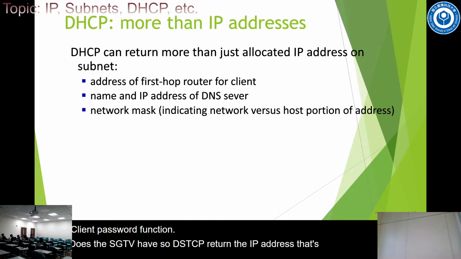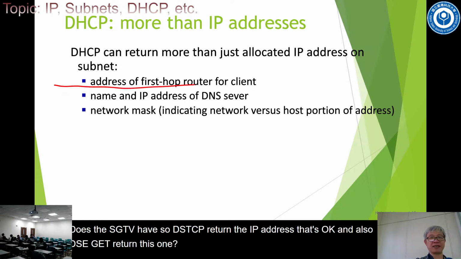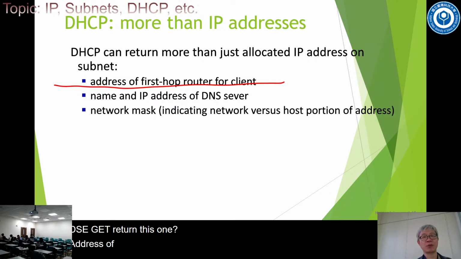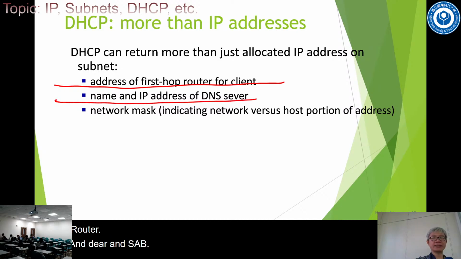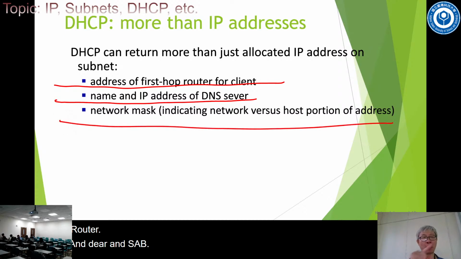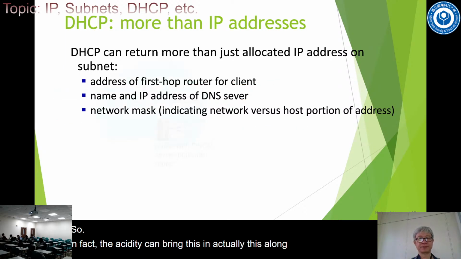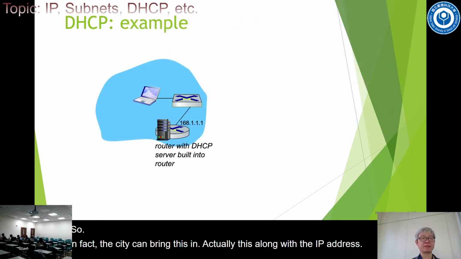And also DHCP can return the address of the first hop router, the DNS server, and the network mask. So, in fact, DHCP can bring these along with the IP address. So this is a possible example.